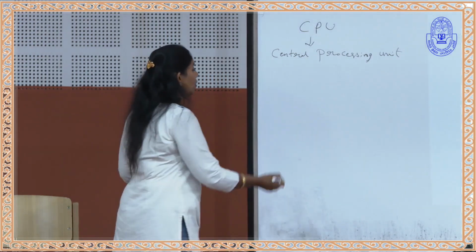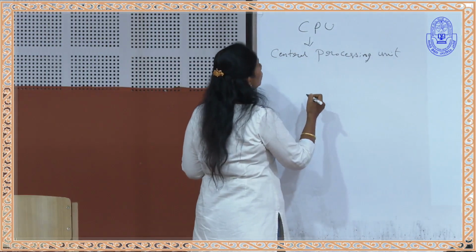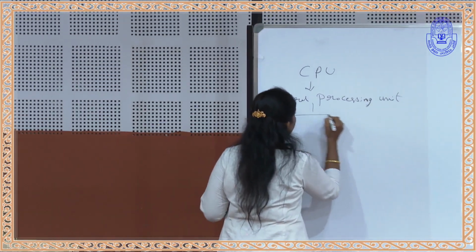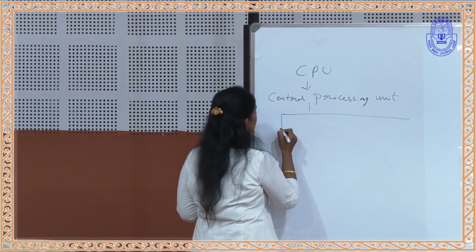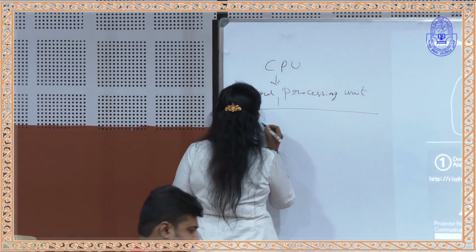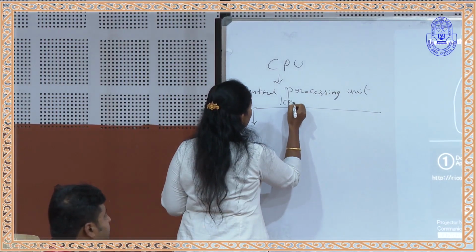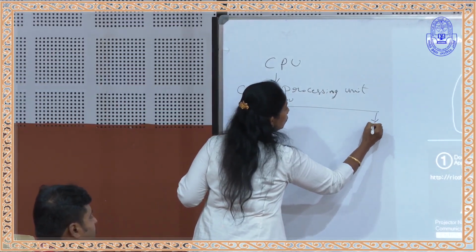Here in the CPU, see, it is divided like this. This is a CPU. This is I/O devices.